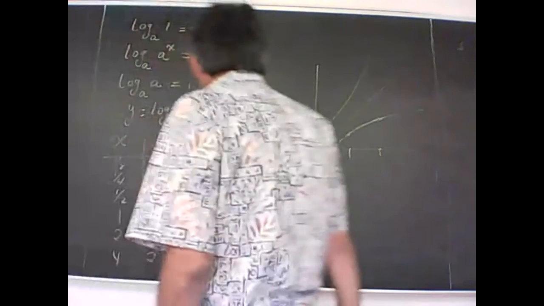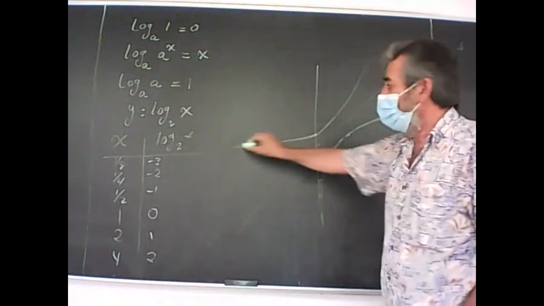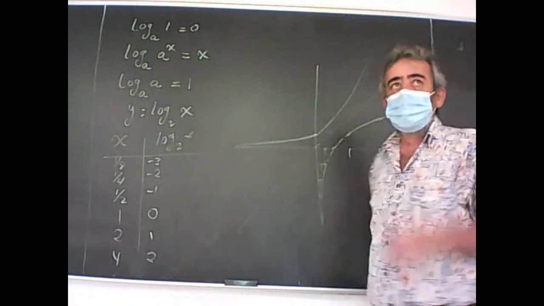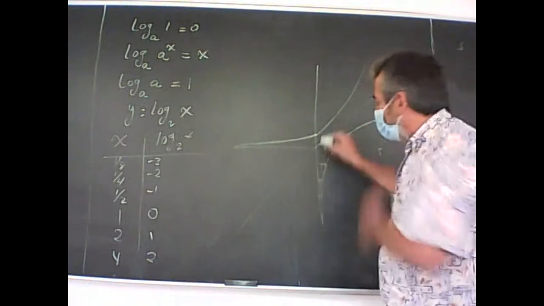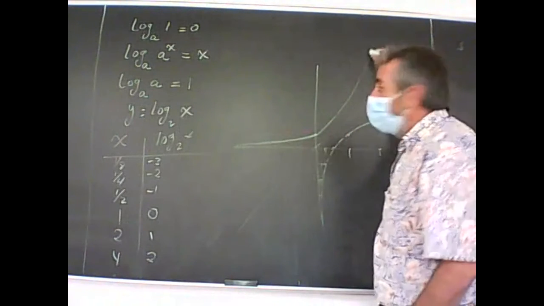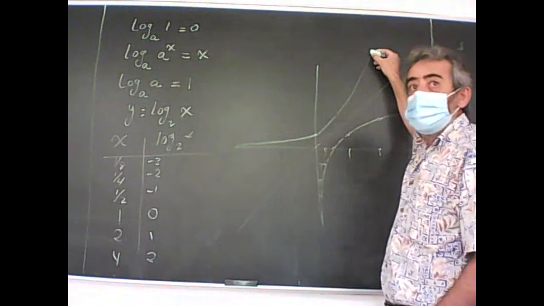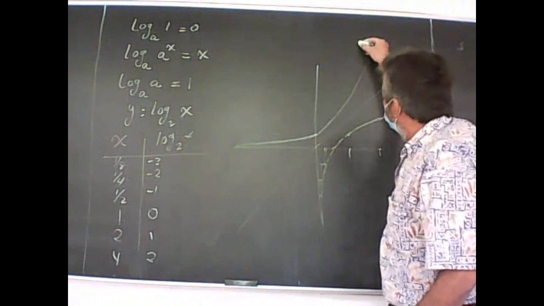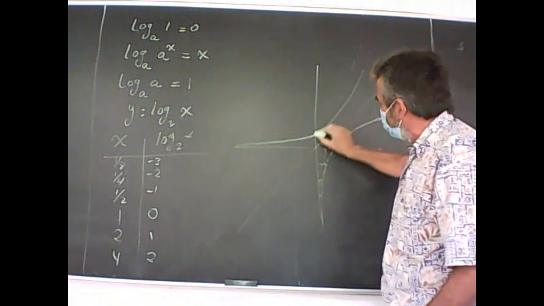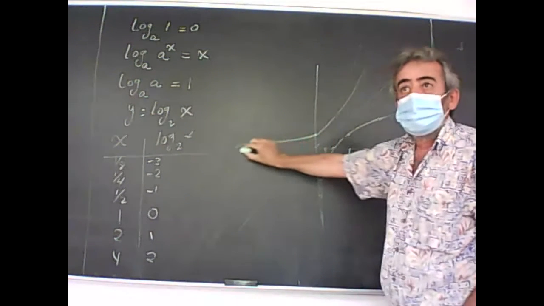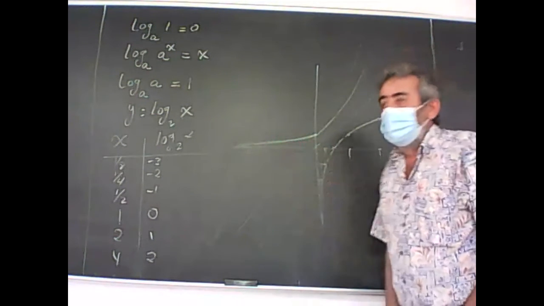Okay. Now, in exponential function, we said this is 2 to the power x. To do 3 to the power x, what's going to happen? We're going to go above this line. Remember that?